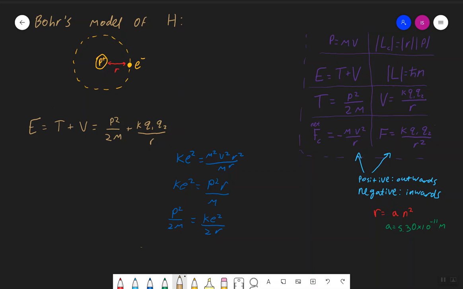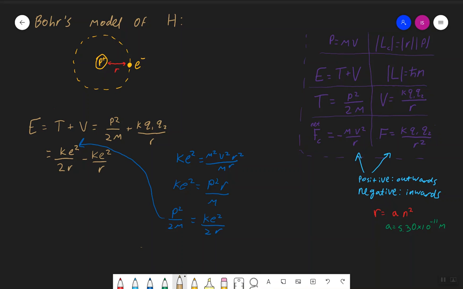So now that we have done that, we can rewrite that here. P squared over 2M is Ke squared over 2R. Now K Q1 Q2 over R, well, again, Q1 Q2 is minus E squared, so this would be negative Ke squared over R. Okay, and I'm just going to make a note that we took this from here, put it there.